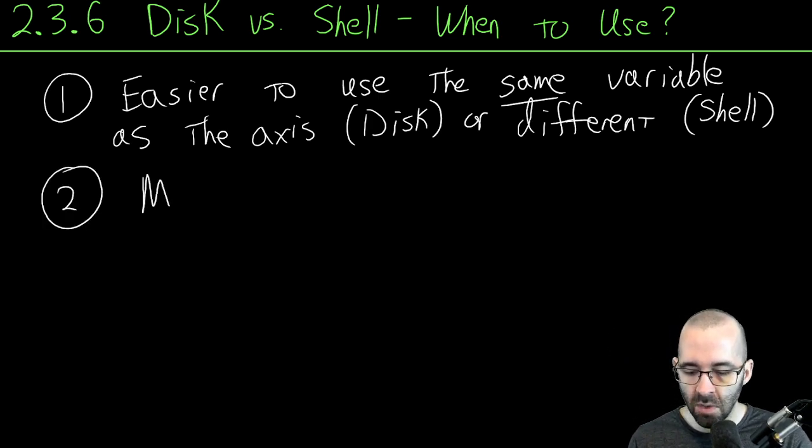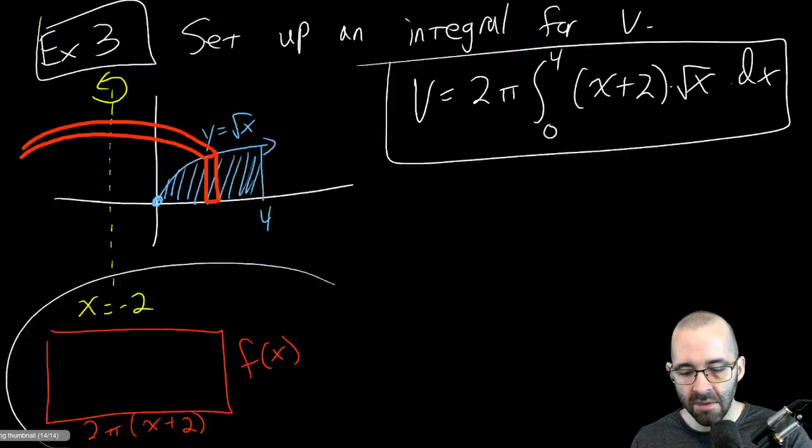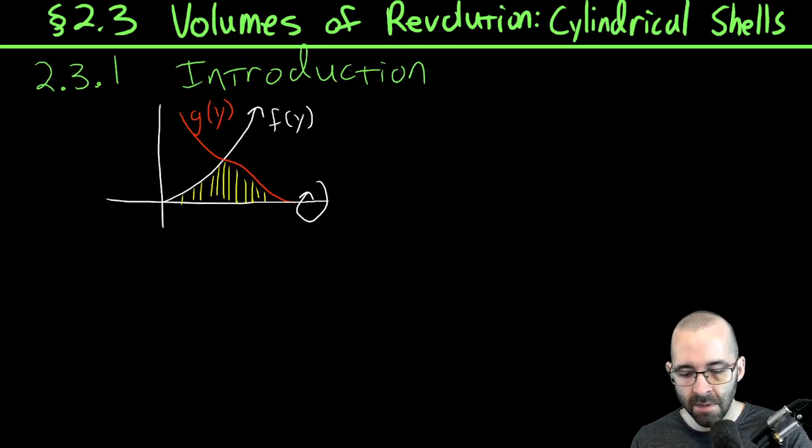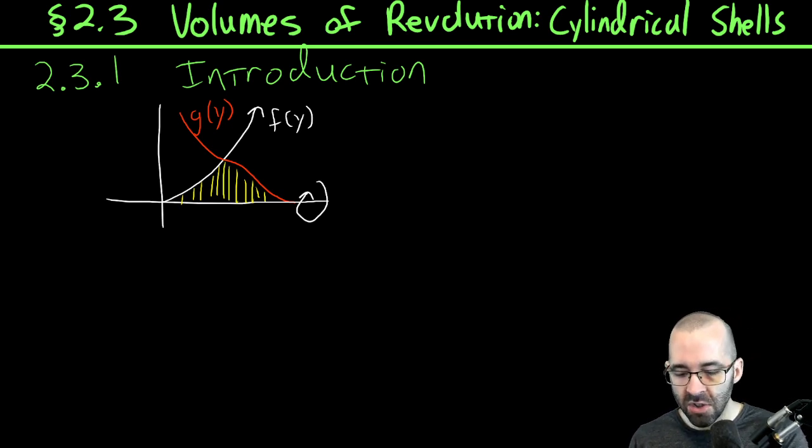And the second question is the question of multiple regions. Whoa, not multiples. Multiple regions. We looked at that at the very beginning, right? If we're using the disk method here, we have to split this into two regions. We have two integrals, which is no good. But if we're using the shell method, we can just use one of these, and that's just going to be g minus f.